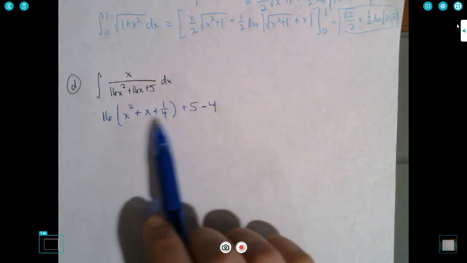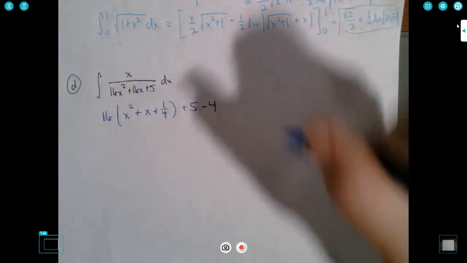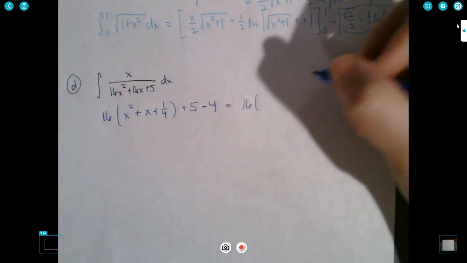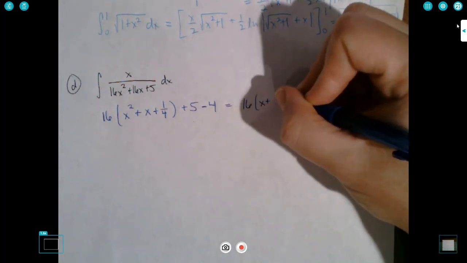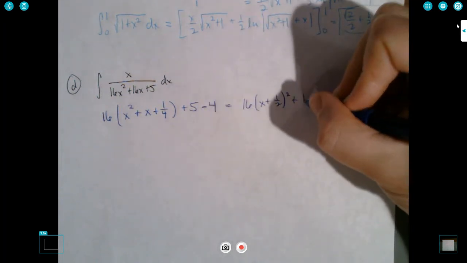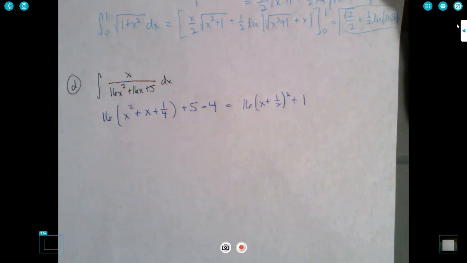But the nice thing about this is that now I can factor this as a perfect square. So I've got 16 times x plus 1/2 squared, and then 5 minus 4 is 1. So that's that situation.